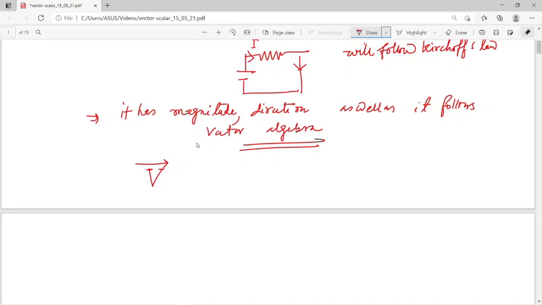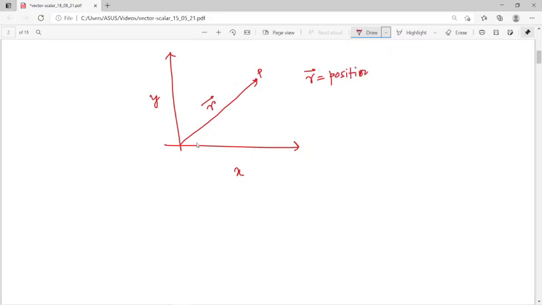If we consider a two-dimensional plane, with the x-axis and the y-axis, and a particular point, this r is known as the position vector. If this point is denoted by x and y, the x-axis should be represented by some unit vector and the y-axis by some unit vector.